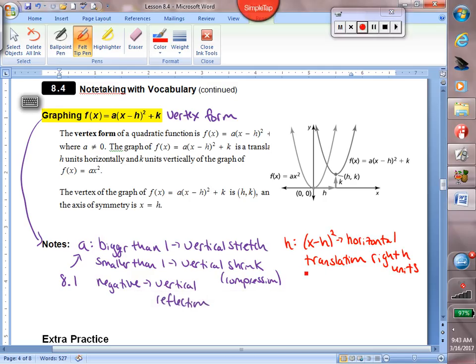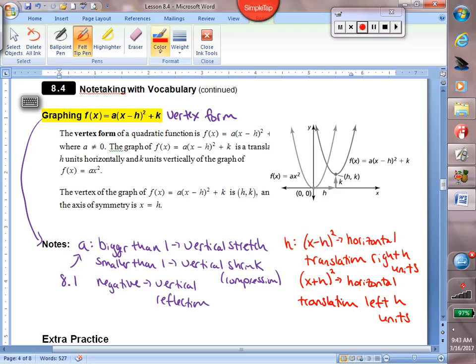Then we saw that if we added inside the parentheses for that squared term, it was another horizontal translation, but it went to the left, h units. Now remember, don't let that h bother you. That will just be filled in with a number. So our number was 2 in the examples. We went right 2 units. We went left 2 units.